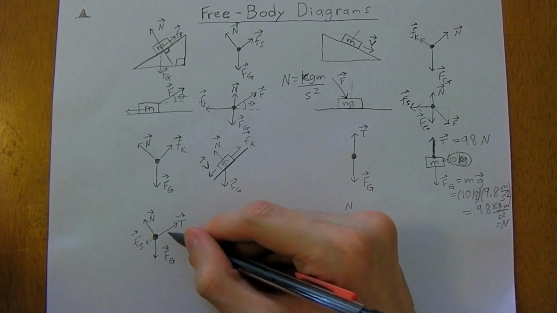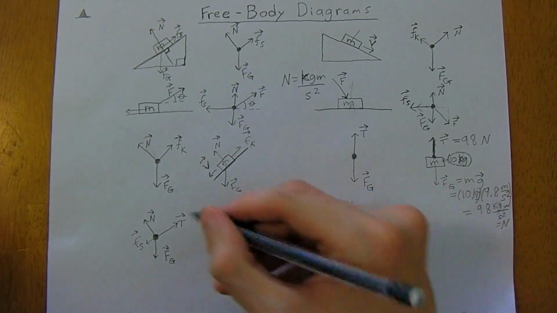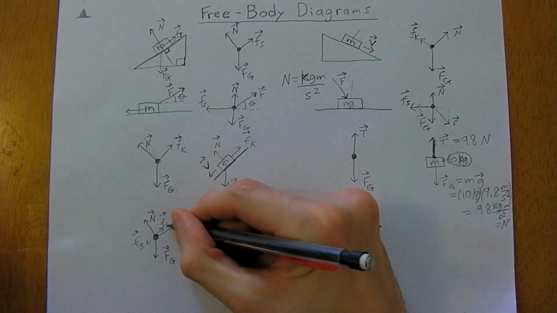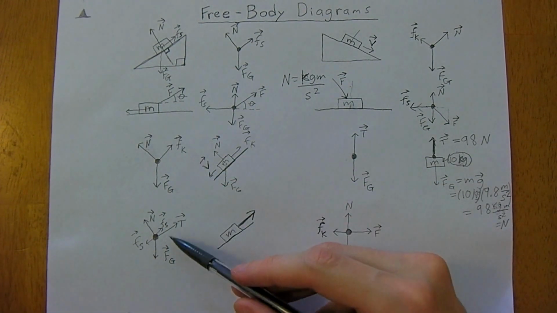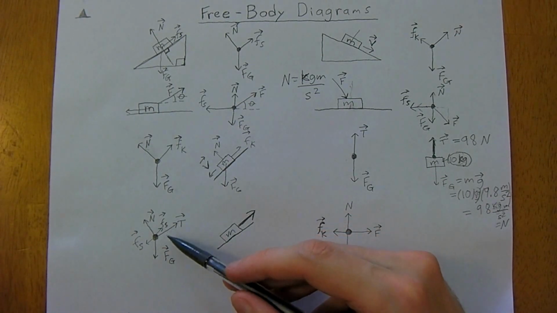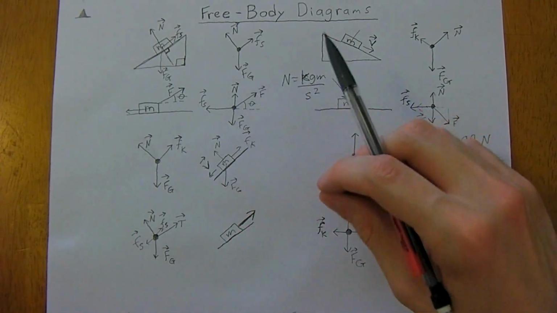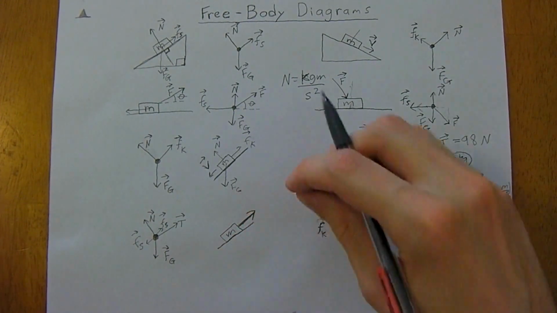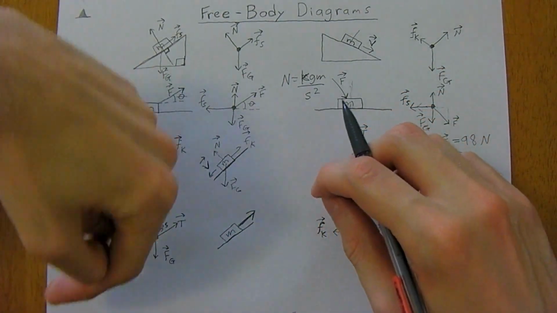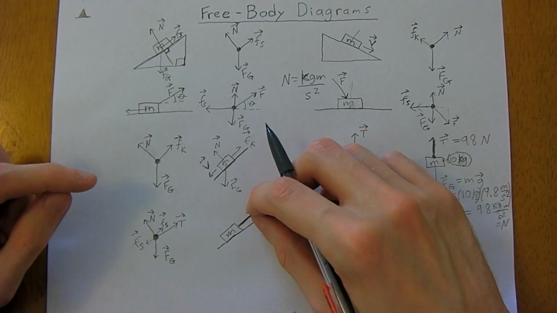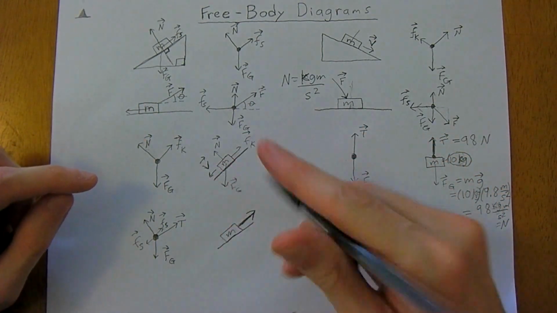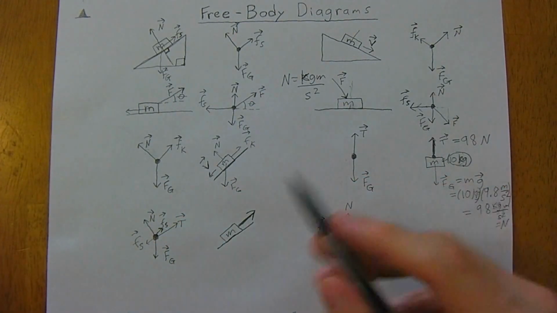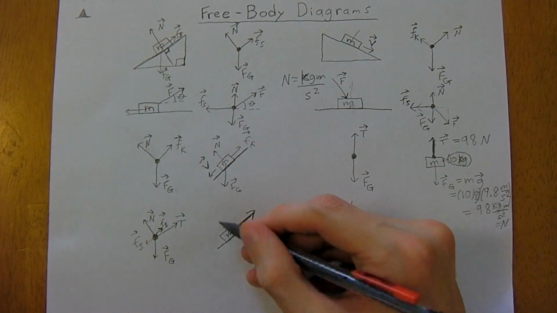But if it was a loose rope, so it was sagging down, it would actually have static friction holding it up. So this is a unique situation, because if this rope is tugging on it, then the force of friction is going to be counteracting that tug, so it'll be moving in this direction. But if this rope is really weak and it's starting to slide down this way, we'll actually get the static friction holding it up. But that's what your situation is going to look like: gravity down, normal up.